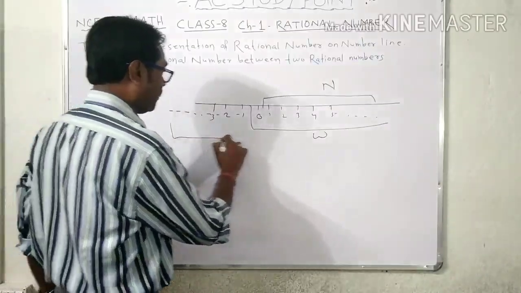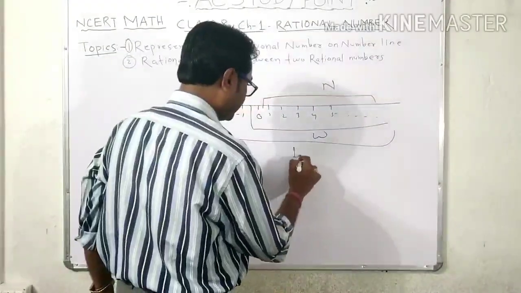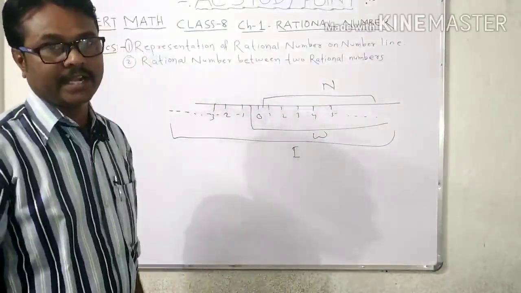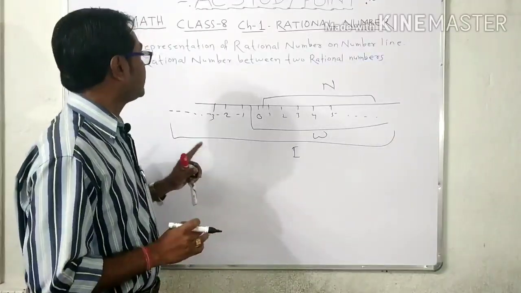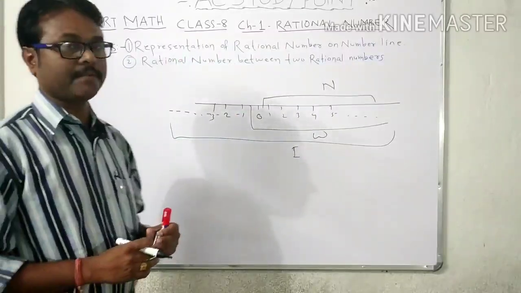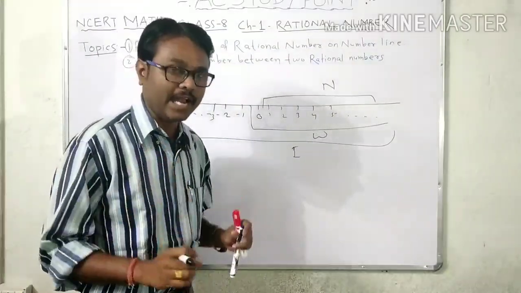If we include 0, that is the representation of whole numbers. If we take all of these together, that is the representation of integers. Now the question arises: how do we represent rational numbers on the number line?